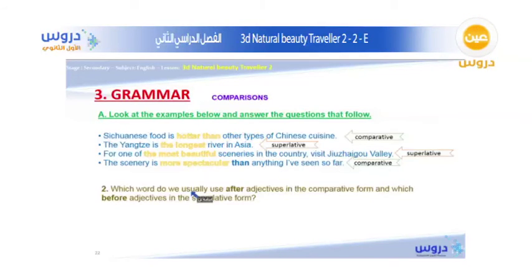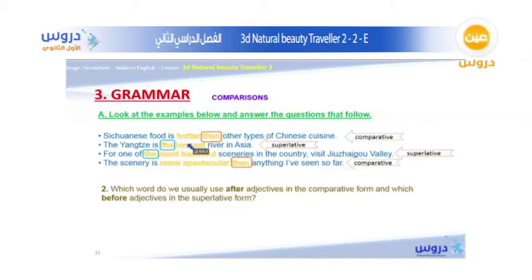Move to the next question. Which word do we usually use after adjectives in comparative form, and which before adjectives in superlative form? Yeah, wonderful, very nice. So this is the answer. After an adjective in comparative form, we have than.